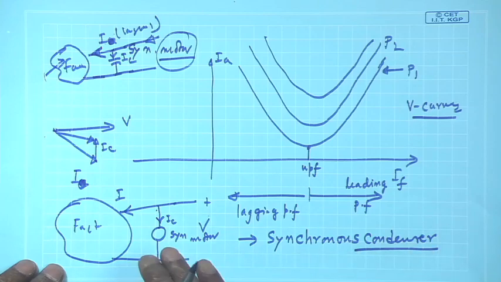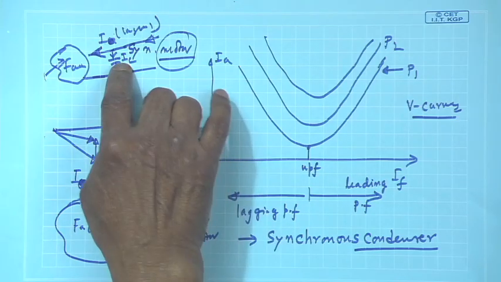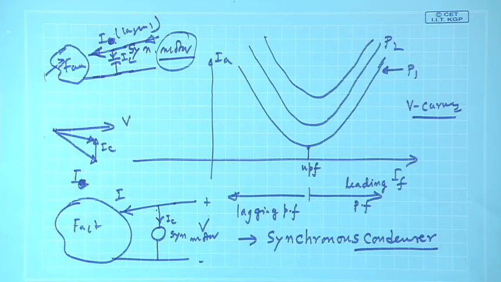Therefore, an overexcited synchronous motor draws leading current. This property was used to replace capacitance to improve the power factor of a factory. In that case, it used to be called a synchronous condenser. Of course, it is not that synchronous motors are only used as synchronous condensers, it is only one aspect.